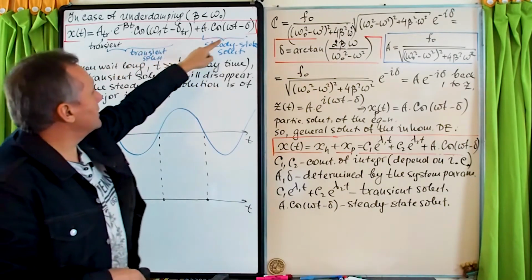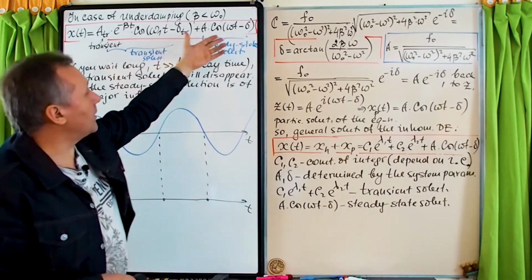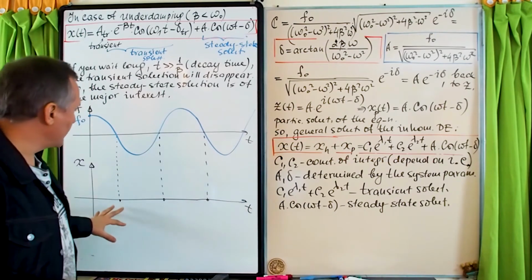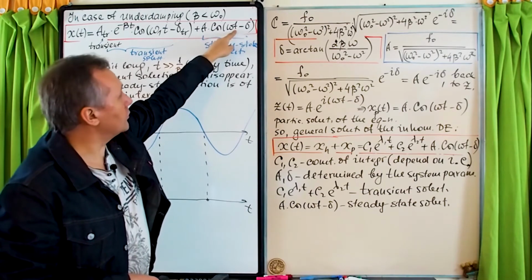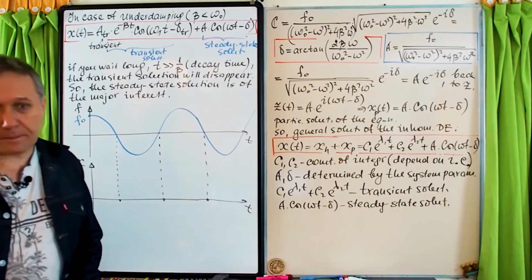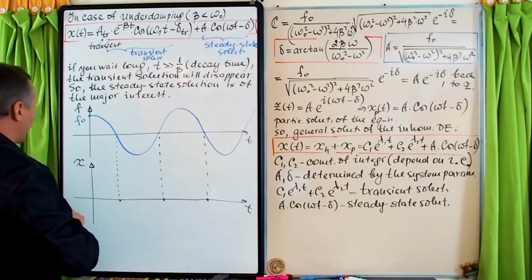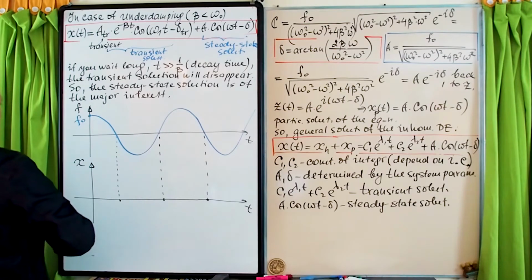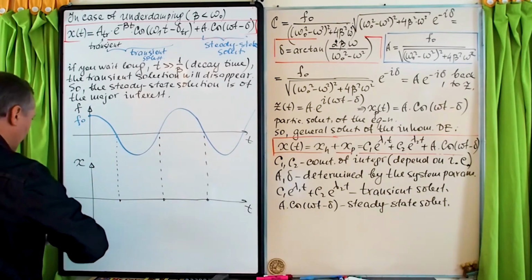The steady state solution is shifted in phase by delta. But since we're plotting time, the response of the system lags behind by what? Delta over omega. You see, when t equals delta over omega, the cosine will be 0. And so it lags behind by delta over omega. If the force reaches maximum at t equals 0, the response of the system will reach maximum later.